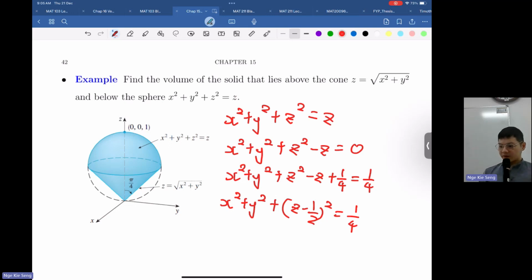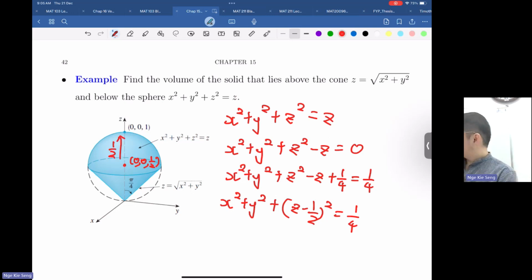Okay, so what does this mean? This is a sphere centered at 0, 0, half, with radius 1/2. The center of the sphere should be 0, 0, half, with radius 1/2.